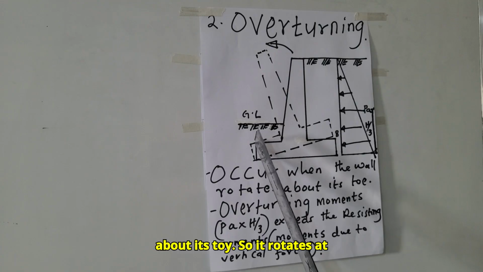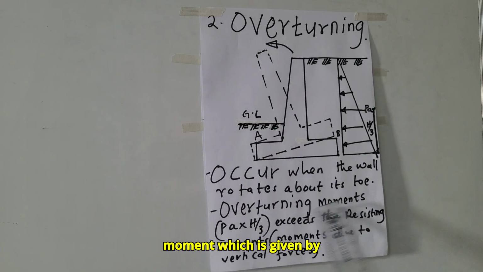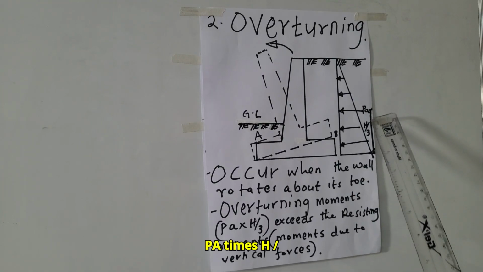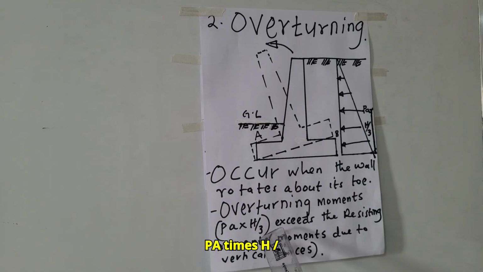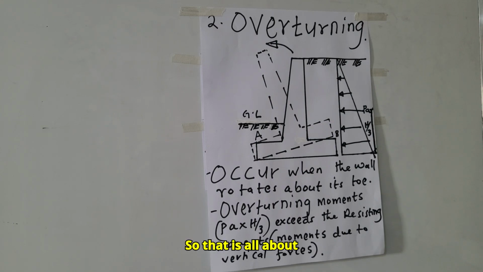It rotates at this point A when the overturning moment, which is given by PA times H over 3, exceeds the resisting moment. The resisting moment is the moment due to vertical forces. So that is all about overturning.